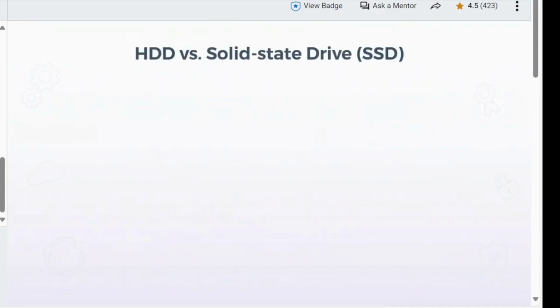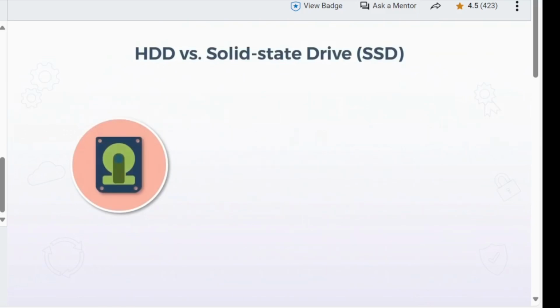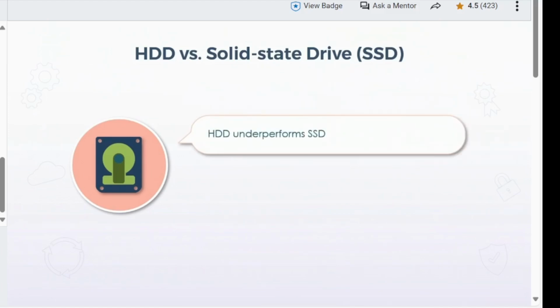Now, regardless of those performance specifications, in a direct comparison to solid-state drives, in virtually every case, a magnetic hard disk drive will underperform a solid-state drive. It's just a completely different type of technology, and most notably, in a solid-state drive, there are no moving parts. So even the best performing magnetic hard drive simply can't compete with solid-state.